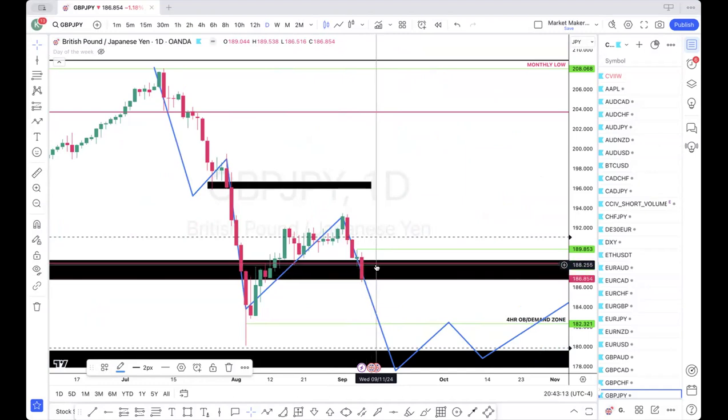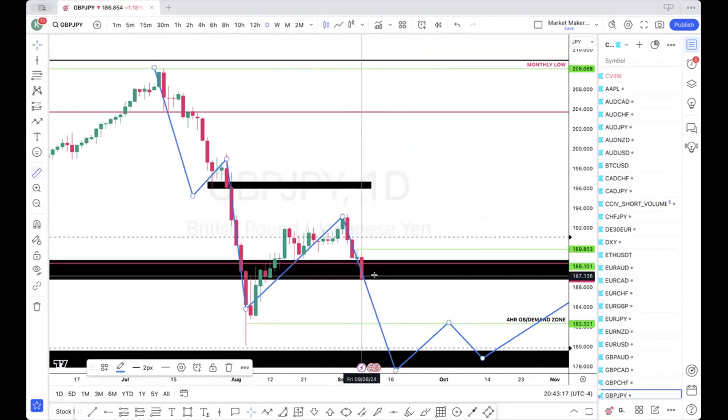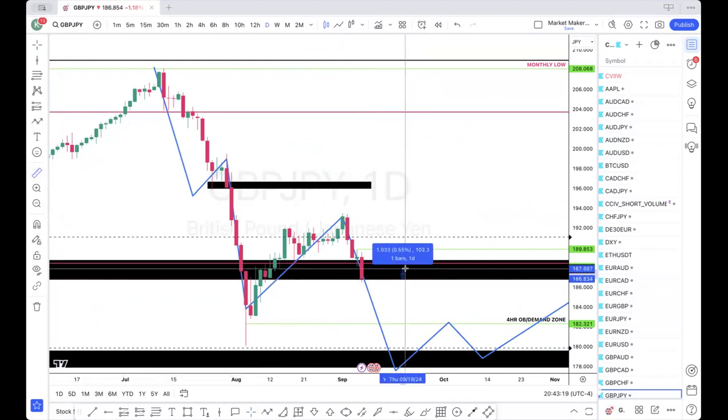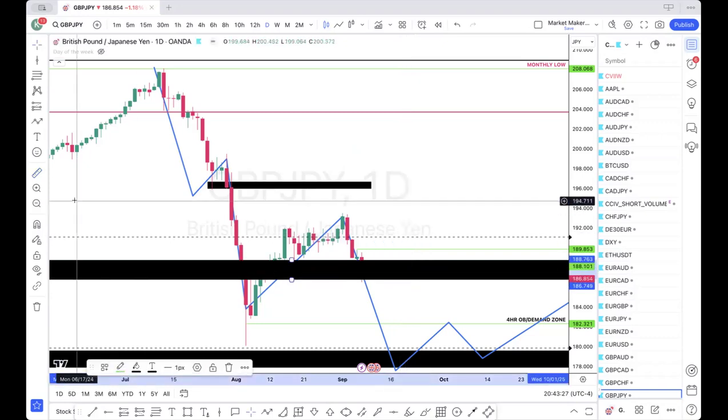So price pulled back on Tuesday. And I'm also going to say you can trade it up if you want, but I will not. I'm going to trade the trend and the trend only.